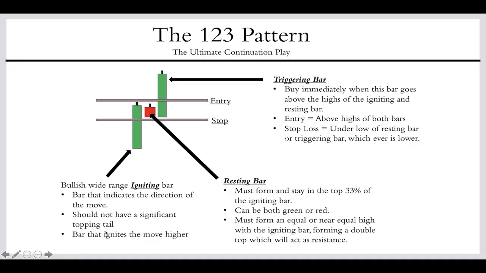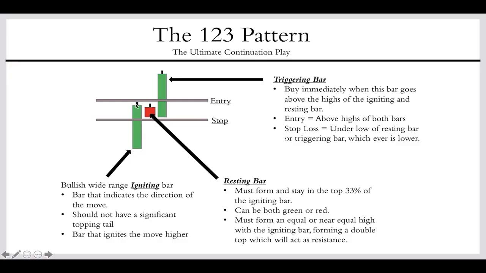We talked about that. And the next bar we have here is a resting bar. This resting bar is usually a narrow range bar or sometimes a doji candle, okay? And this resting bar has to form and stay in the top 33% of the igniting bar, meaning it has to be ideally in the top third of this candlestick.